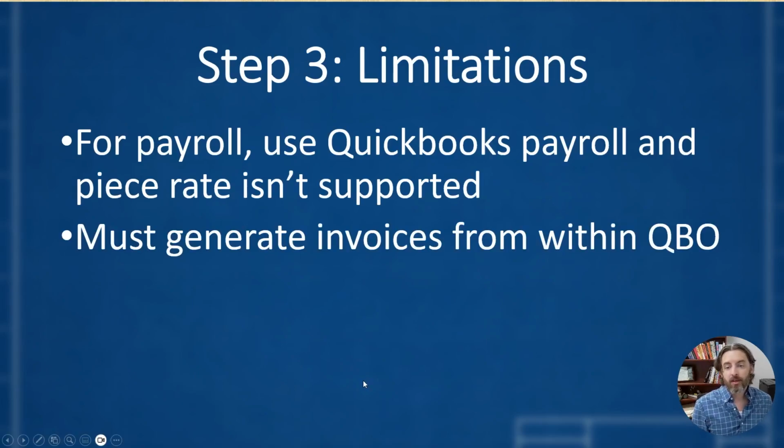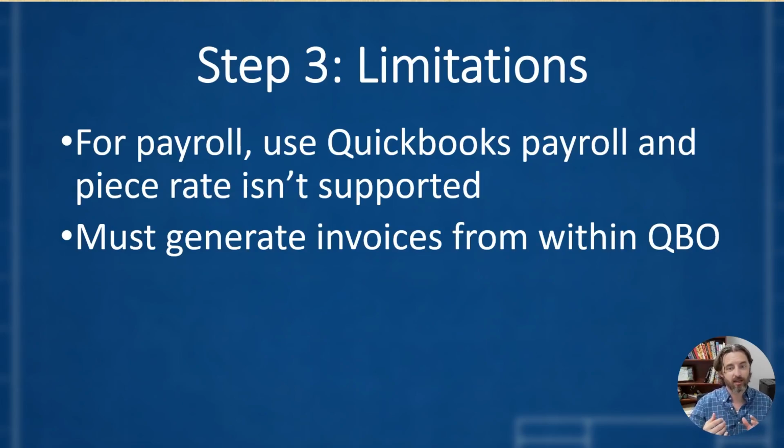The other thing is that you must generate invoices from within QuickBooks Online as well. When you generate an invoice, you can tie it directly to a project. There'll be a column on the right-hand side within the invoice, and you select which project it's for. That's important because that's how the revenue gets tracked per project.